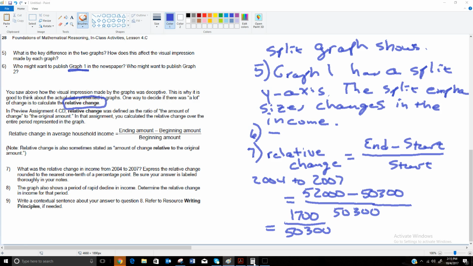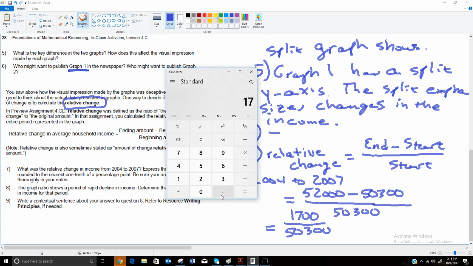So if we grab our calculator, a change of $1,700 from a starting income of 50,300. So what was that? That was roughly 0.0337, and I'm going to round that to the third decimal spot, which is 0.033. But I can't leave that a 3 because it's got a 7 after it.